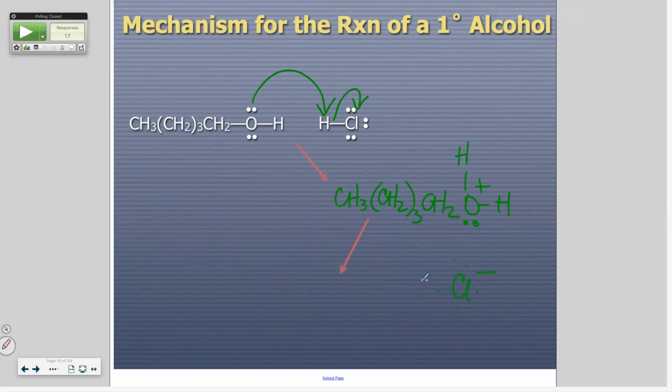So now we're going to do the backside attack there. I drew those electrons in there. Okay, so you're going to get is it 3?